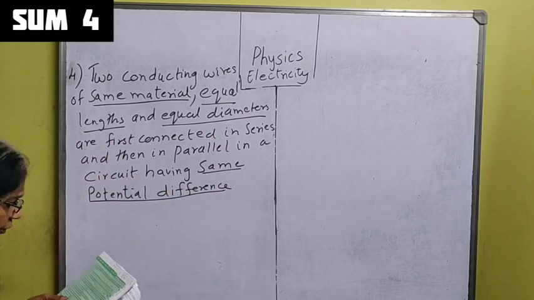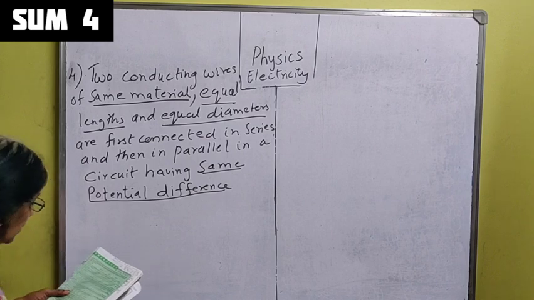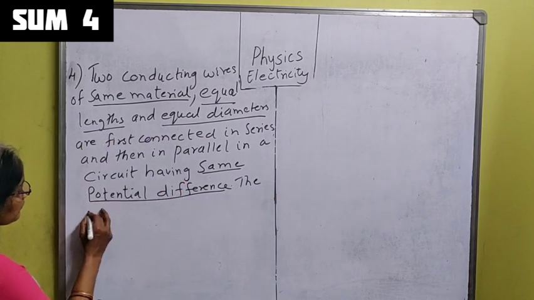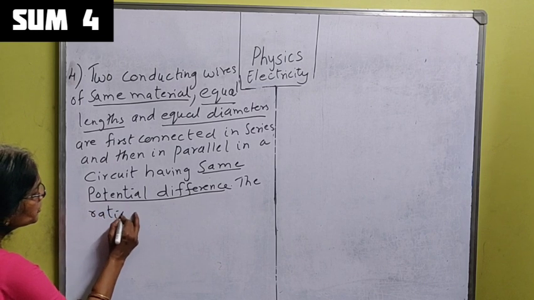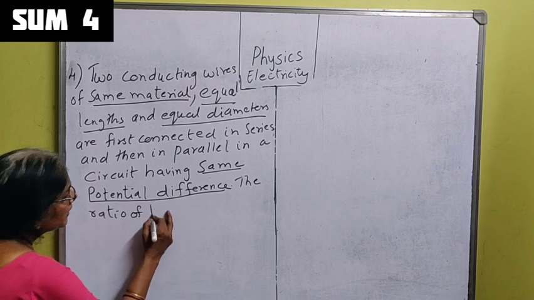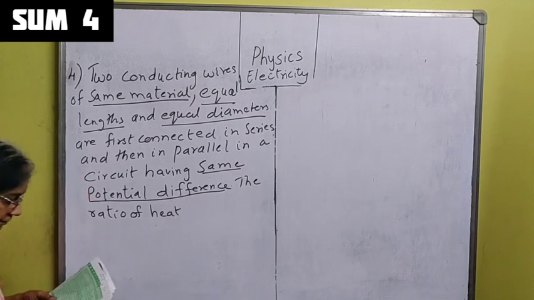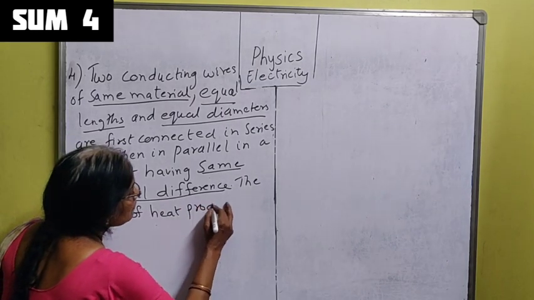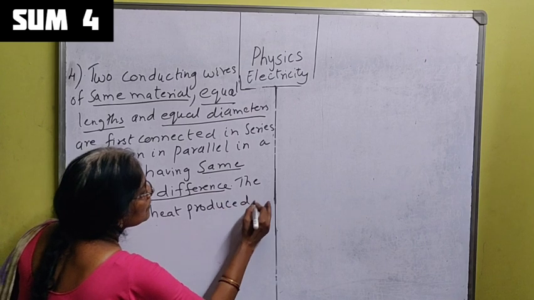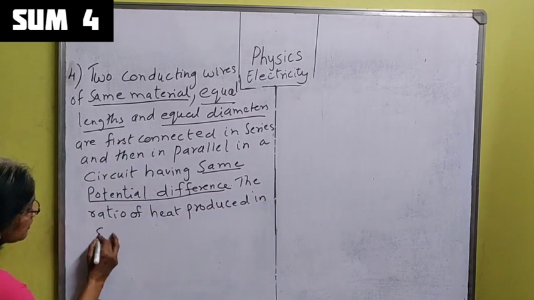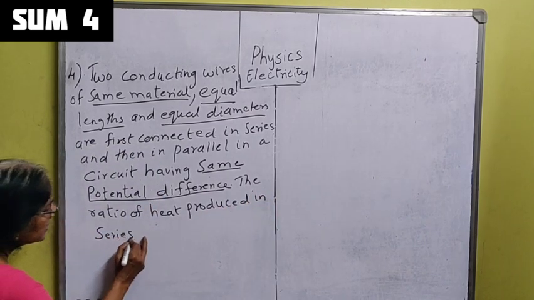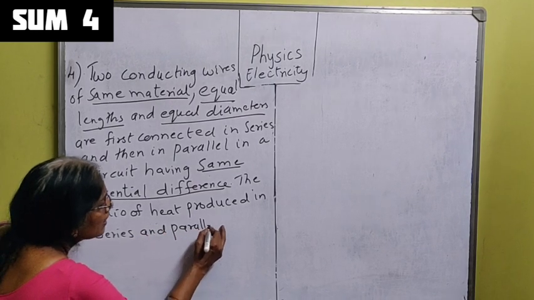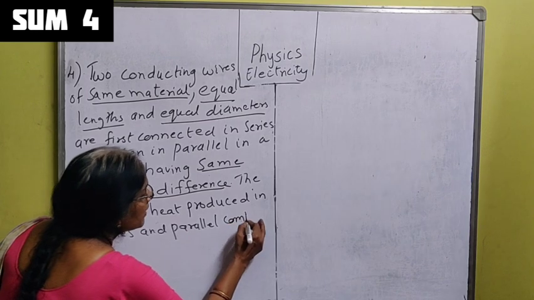Okay, what you have to find out? So you have to find out the ratio of heat produced in series and parallel combination.